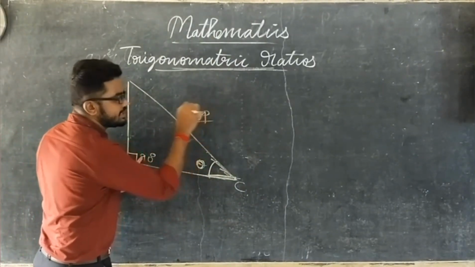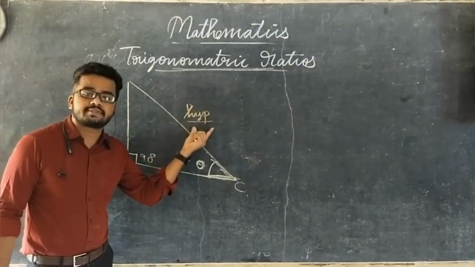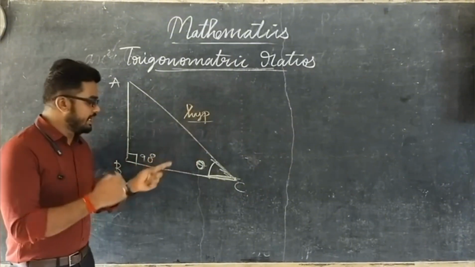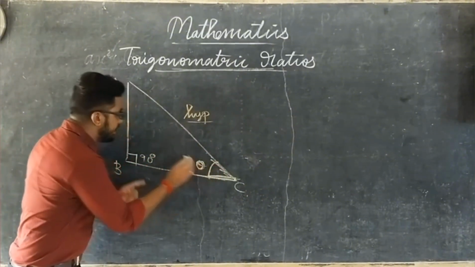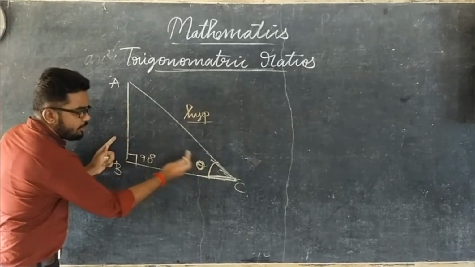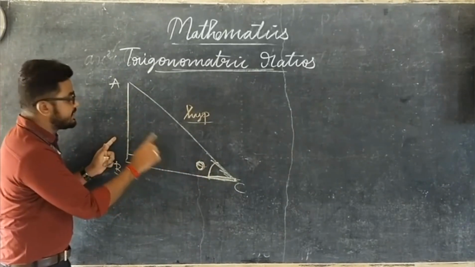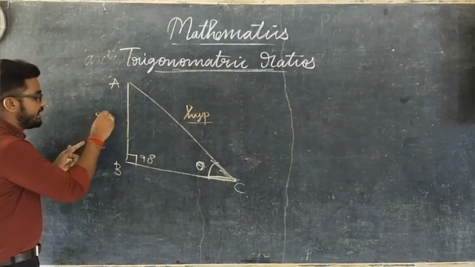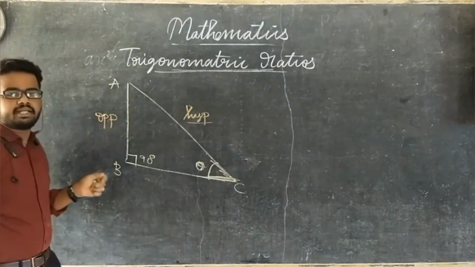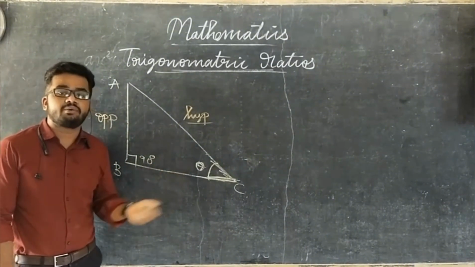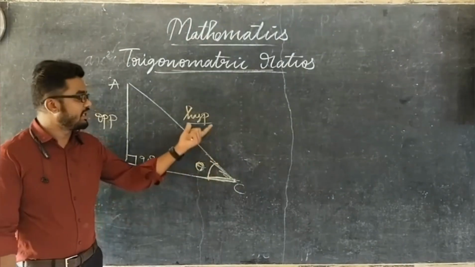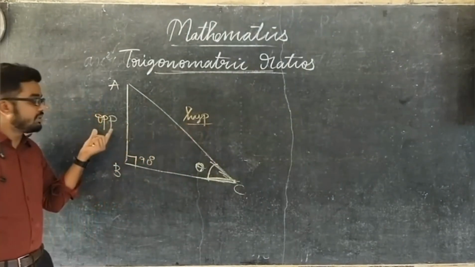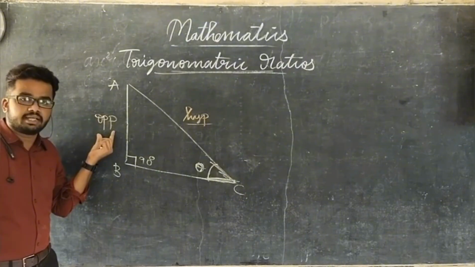Shortly we write it as HYP. Second, this is the side which is opposite to theta. That is called the opposite side. Easily you have recognized two sides: one is the hypotenuse side and the other is the opposite side.